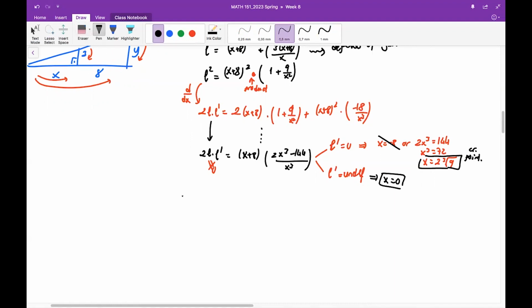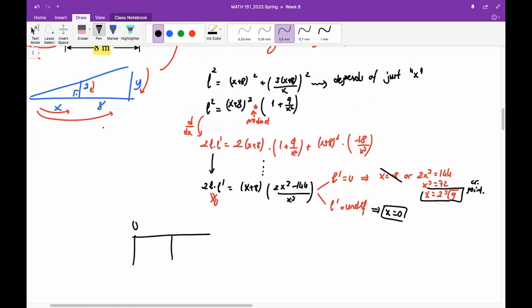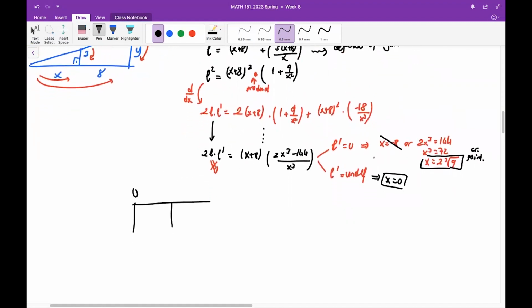Okay, now it is time to construct its sign table here. Okay, so 0 is here as the end point of your interval because x can never be negative values. It also appears in the critical point list.